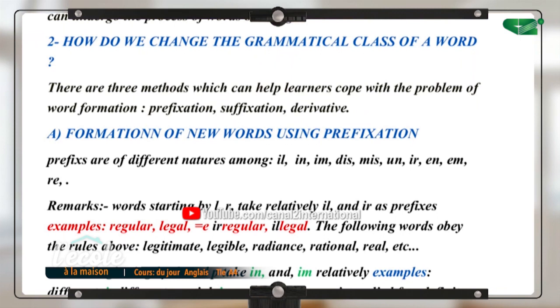When we talk of prefixation, we simply mean that along the process of forming a new word, we will have to use a particle. What do we mean by a particle? A particle is simply a syllable that has no meaning.